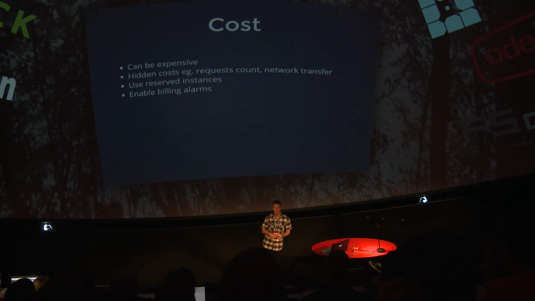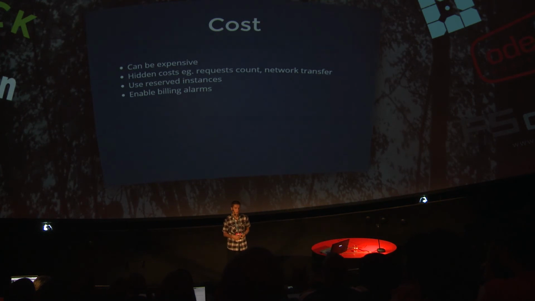But you can reduce this cost by using reserved instances, and you can save from, I don't know, 10 up to 50% on this service, depending on how much you commit, for example, all upfront, 1 year, 3 years, and things like that. And always enable billing alarms. These alarms will inform you if you have something set up wrong.